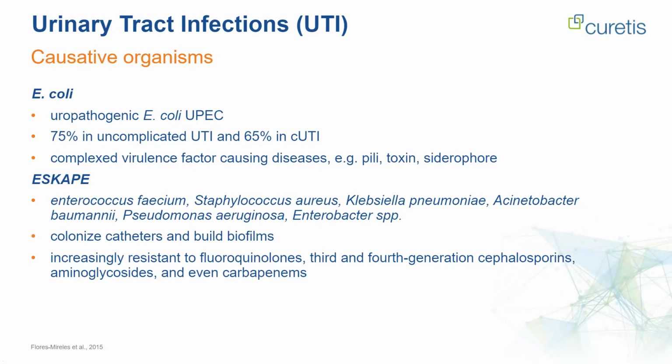For example, E. coli can colonize the urinary tract using a variety of virulence factors. The virulence factors include structural components such as pili, as well as secreted toxin and the iron acquisition system siderophore.